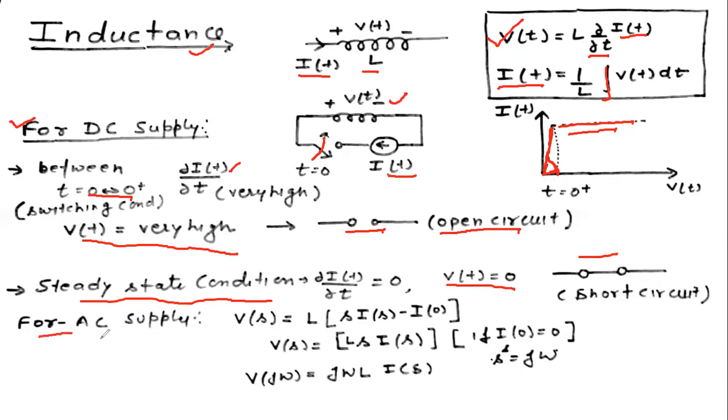Now if we talk about the AC supply, take the Laplace transform of the equation v(t) equal to L di/dt, so this is V(s). Di/dt is replaced by sI(s) minus I(0).